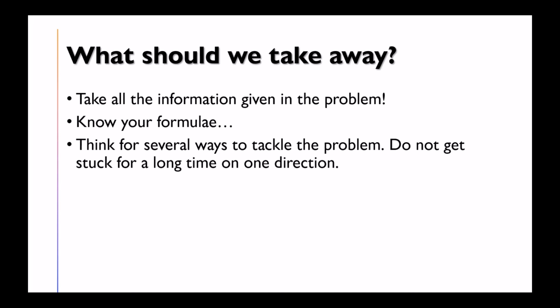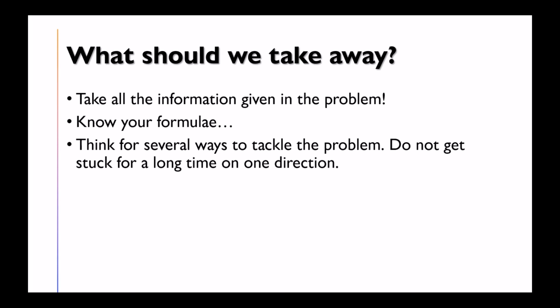And think of several ways to tackle the problem. Do not get stuck for a long time on one direction. Why? Because when we considered e1 plus 1 times e2 plus 1 equals 75, we only had factors of 3 and factors of 5. And we didn't consider any factors of 2.